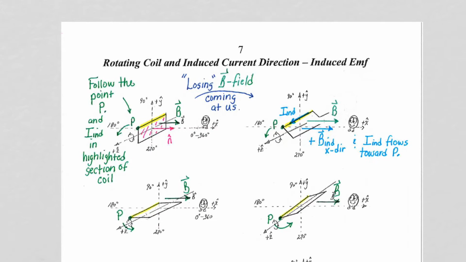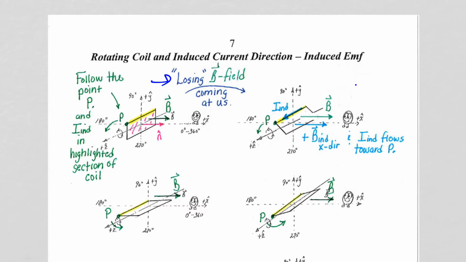All right, so we were losing B field coming at us, as we said, right? So losing B field coming at us, which means nature wants to make B field coming at us to fight that loss. So what's actually going on here is that, yes, I induced is going to go into the point P, so make sure you get that into your notes.